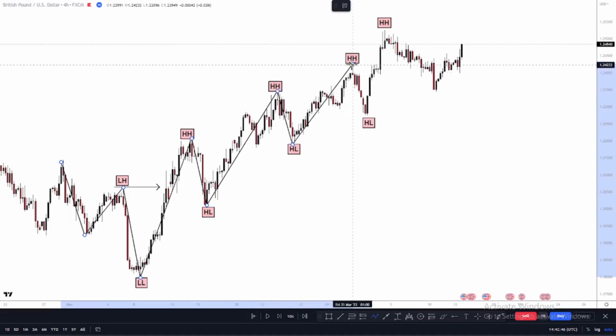After this higher high was created, what were we expecting the market to do? To repeat itself by retracing a little bit down to create a new higher low. And as I said, why is this a higher low? Because this low is higher than that of its previous higher low.